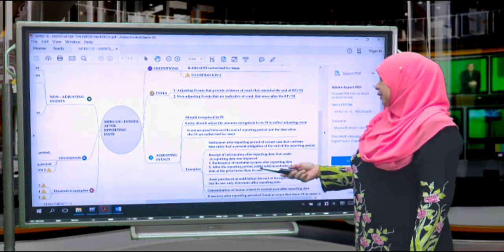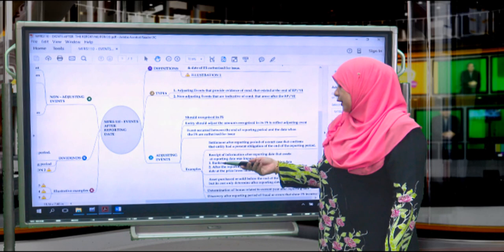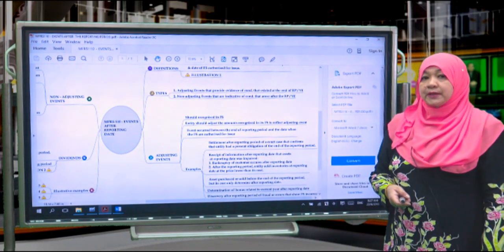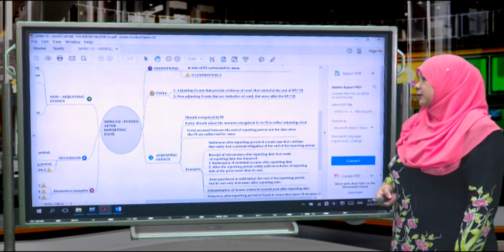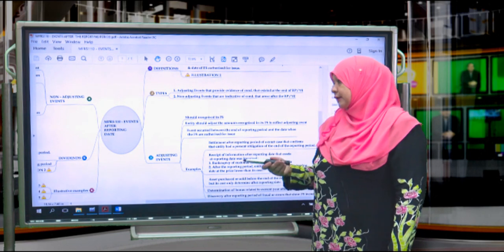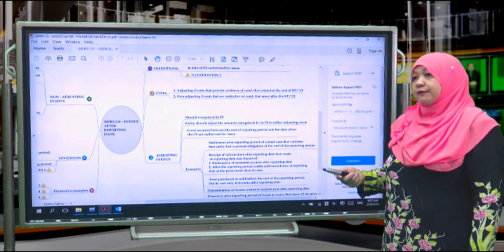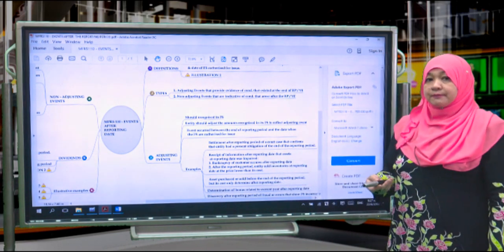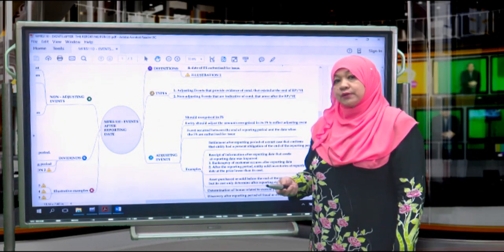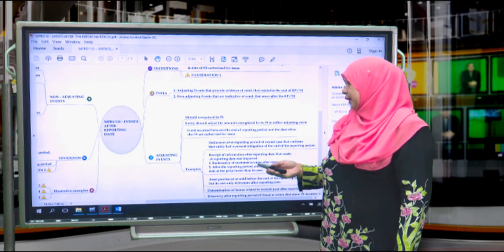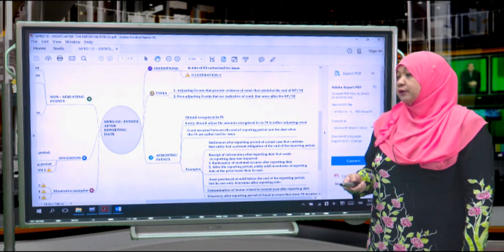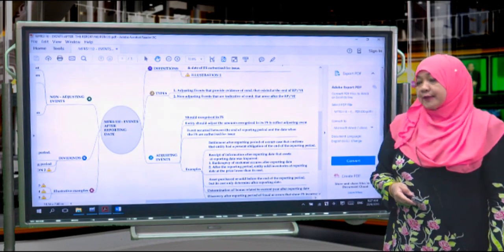Right, so the bankruptcy of a customer after the reporting date will need to be adjusted, because this customer appeared in our financial year end as at 31st December. So if information is received after 31st December, but before the directors authorize the issuance of the financial statements, that information needs to be taken into account as an adjusting event.